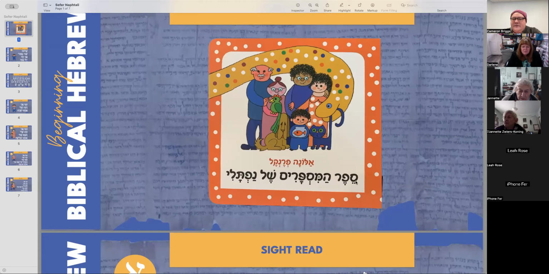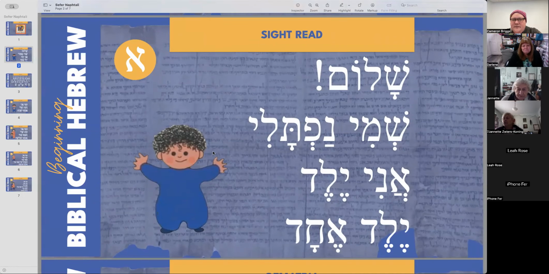And so each one is teaching us a number. He's just one person here. Then it goes to 2 as soon as he adds his fish. Anachnu, we are 2. And then he adds his mother for 3, his mother's cat for 4, and his father for 5.